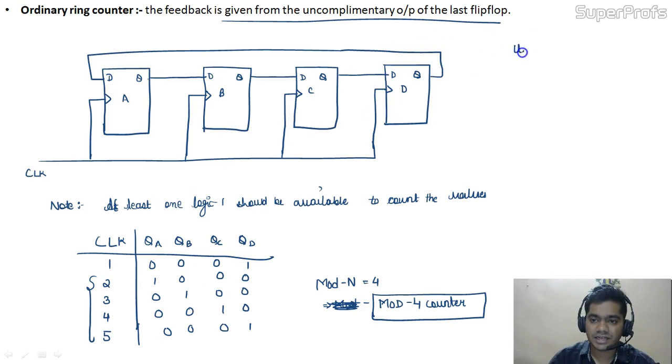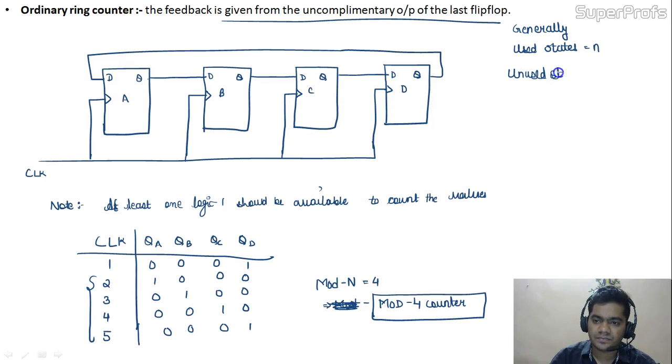So the used states, if we are talking generally, would be n, where n stands for the number of flip-flops. As we are using 4 flip-flops here, the used states would be n and the unused states would be the total number of states, 2 raised to power n, minus n.